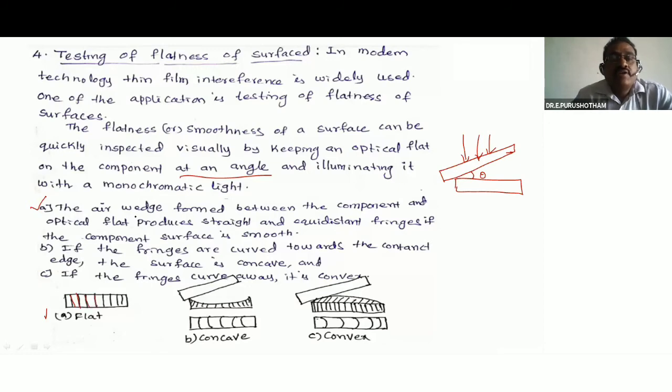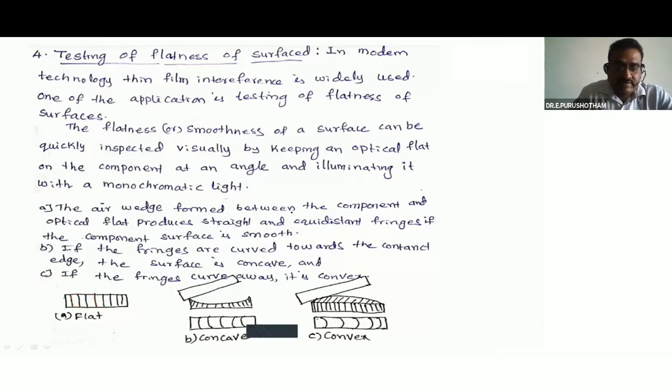The air wedge formed between the component and optical flat produces straight and equidistant fringes if the component surface is smooth or flat. In B, the fringes are curved. You clearly observe here, this is curved.